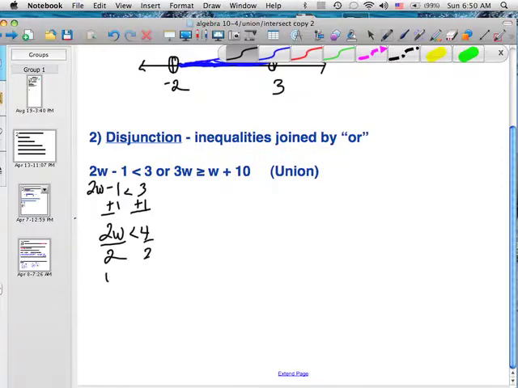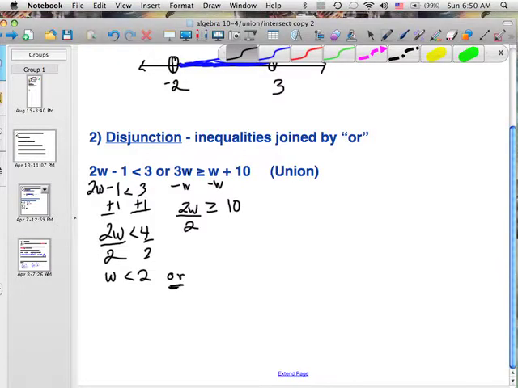And we get w is less than 2, or, and that word has to stay there. And then solving the second inequality, I would subtract w from both sides because I want to get w on one side. So that would be 2w is greater than or equal to 10. Divide by 2, and w is greater than or equal to 5.